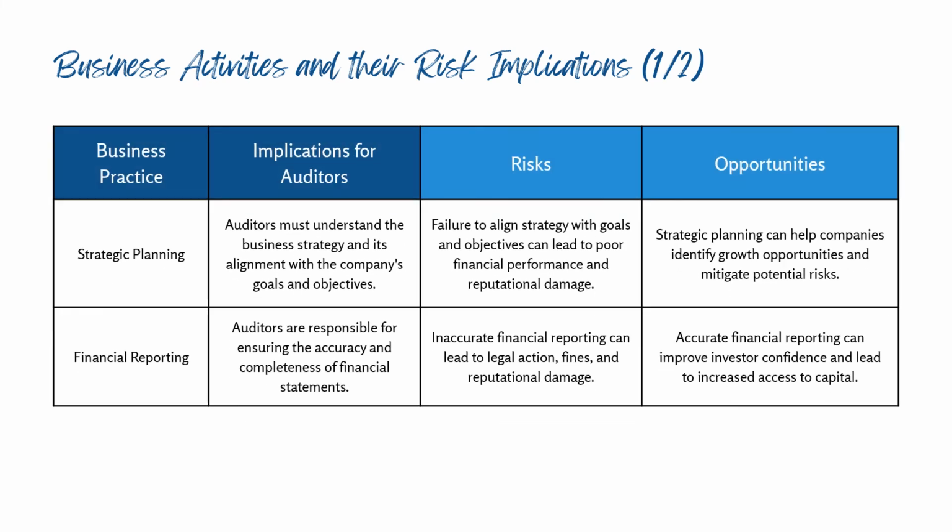We have first is on strategic planning. No? So for strategic planning, what are the implications for auditors? You need to understand what are the business strategy and what are its alignment with the organization's or the company's goals and objectives. On the risk side, failure to align strategy with goals, no?